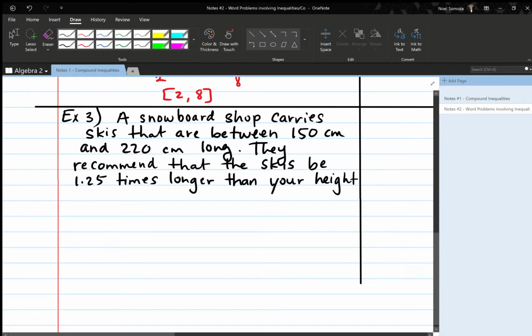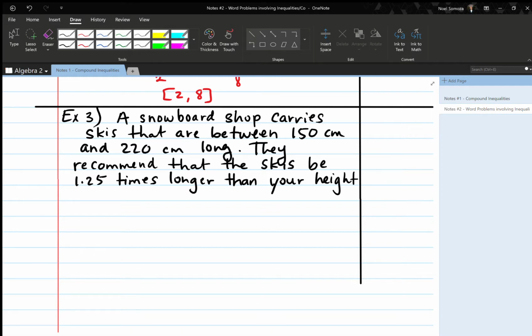So the skis are going to be bigger than you regardless. One and a quarter times: if it was one times your height, it'd be exactly the same height. One and a quarter is like a quarter of your height added to the skis. For me, skis are probably about this tall.